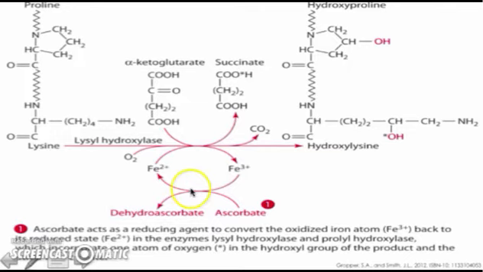So for iron to be restored back to ferrous iron so that this reaction can continue in collagen synthesis, vitamin C in the reduced form interacts with ferric iron to reduce it back to ferrous iron. In the process, though, vitamin C is oxidized back to dehydroascorbate. So this is how vitamin C plays a key role in collagen synthesis. It is in its ability to reduce iron back to the ferrous form so that the ferrous iron can be involved as a cofactor for collagen synthesis.